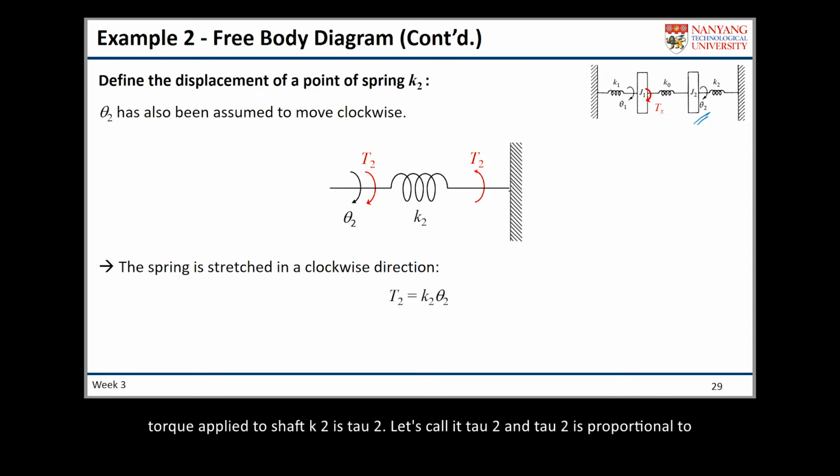The internal torque applied to shaft K2 is, let's call it, tau 2, and tau 2 is proportional to the relative angular deformation of the shaft K2, which is theta 2. So here we conclude that tau 2, the applied torque to shaft K2, is equal to K2 times theta 2. So this is our analysis for the second element. Let's move to the next element now.